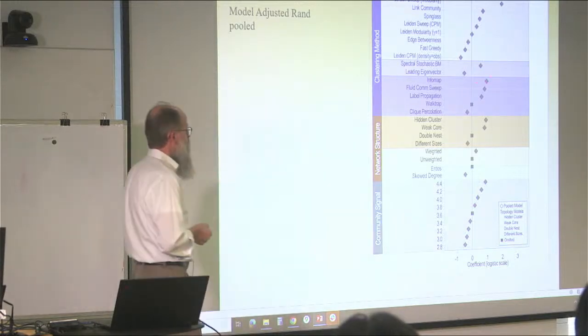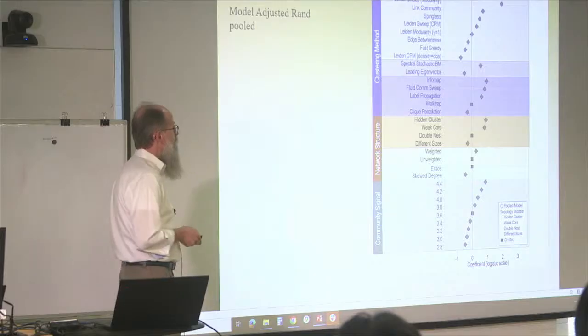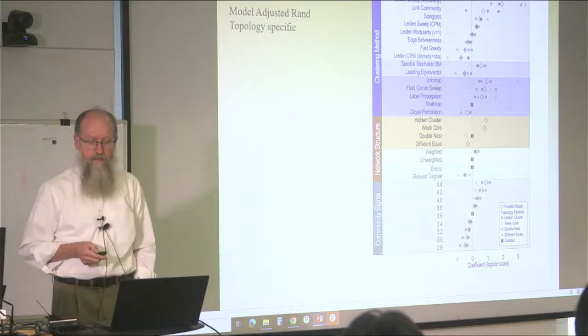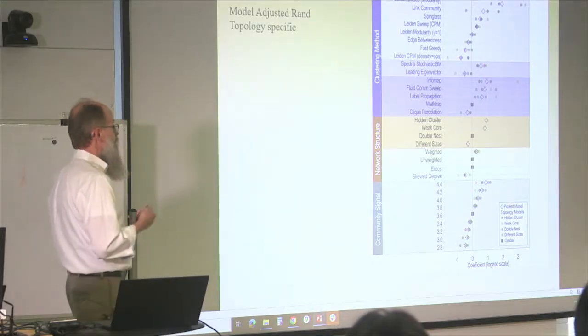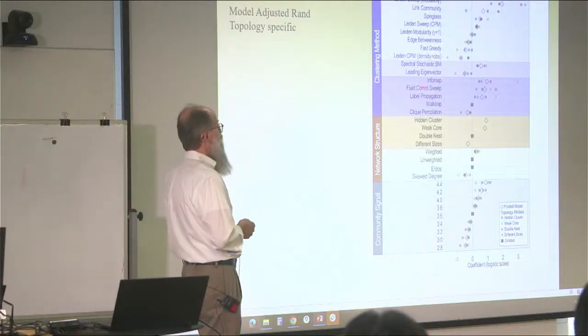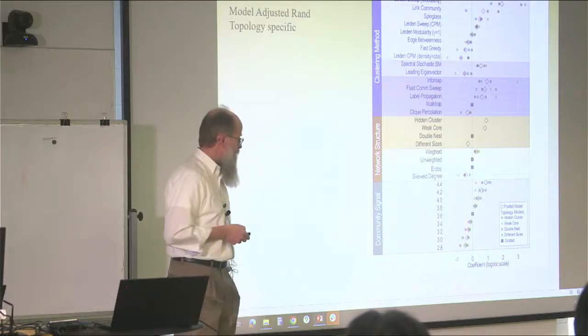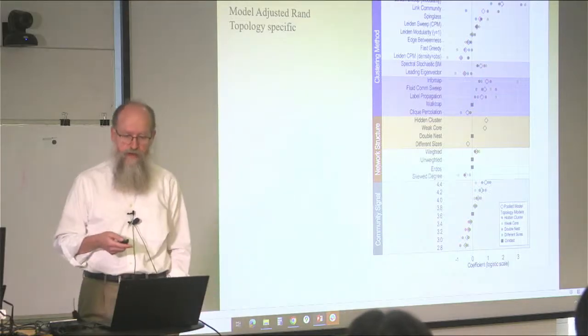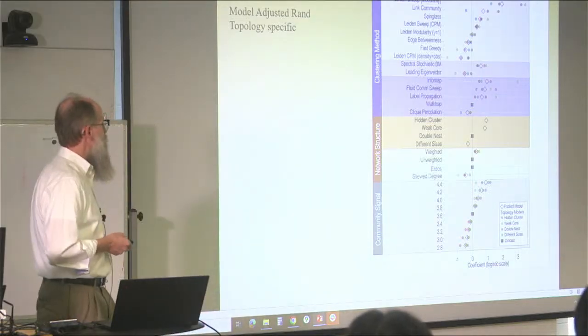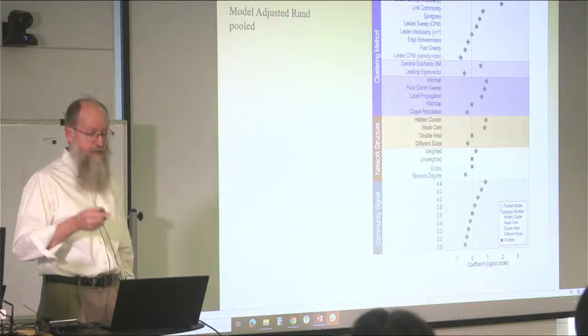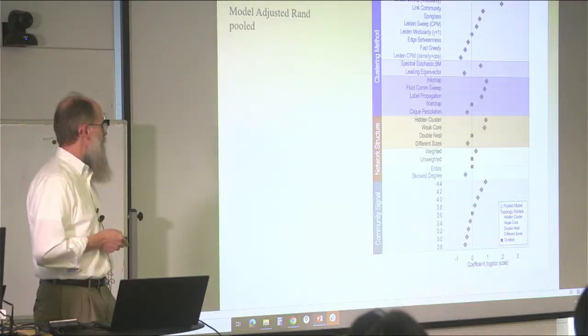The process model Infomap does a really nice job. Now, these differ a little bit in their solution depending on which network they're being run on. So there are interaction effects, if you will, between the different structures in the network. Some of these methods are better at finding nested groups than others. But if you know nothing and you need a quick answer, this is the way to go.